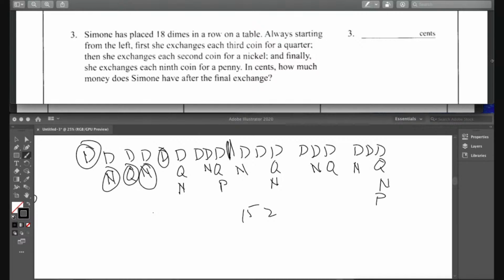And then after you change the nickels, you'll end up with 9 nickels, and then it will be 3 quarters, and then the rest are dimes. And then for the pennies, you'll be switching out 2 of the quarters for pennies, like that.